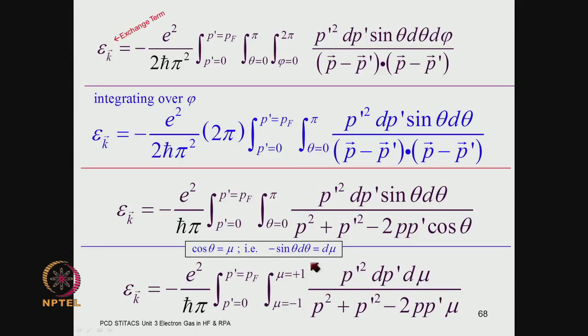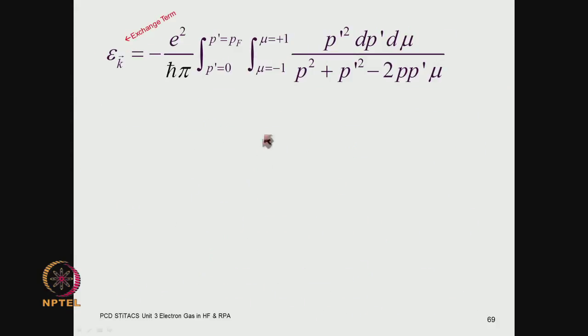Okay. So now you have integration over mu going from minus 1 to plus 1. There is a minus sign here which takes care of the cosine theta correctly, and we will now work with this integral. You have to integrate over mu going from minus 1 to plus 1.